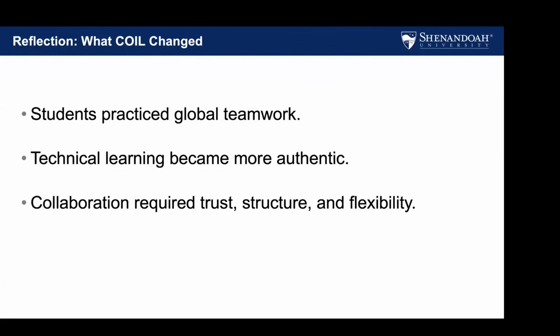And finally, collaboration requires trust, structure, and flexibility. Successful COIL collaboration depends on the students trusting each other, following clear roles and deadlines, and adapting when challenges occur. These skills are just as important as technical knowledge in a professional international project.